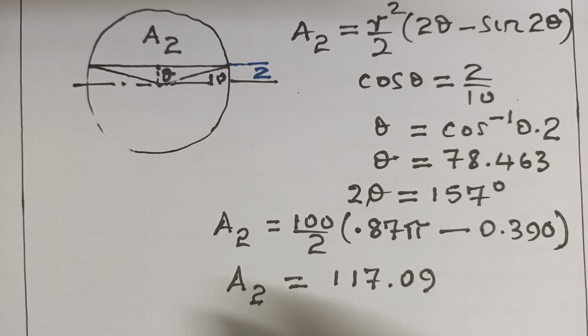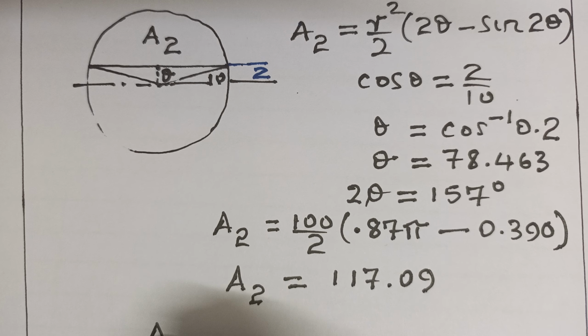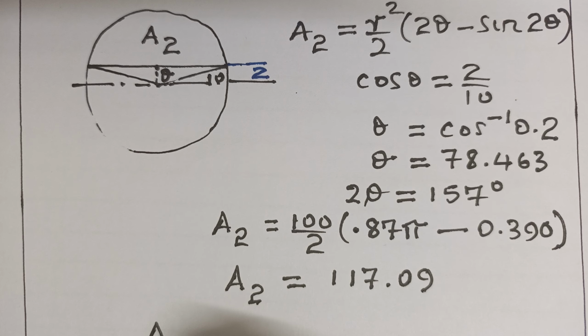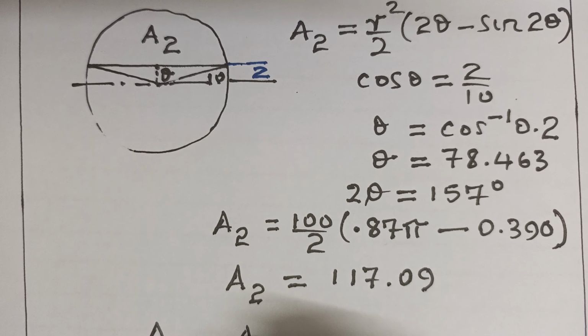Now looking for the shaded area, A, the shaded area, is actually going to be A2 minus A1.